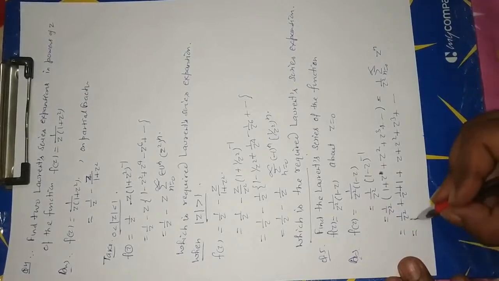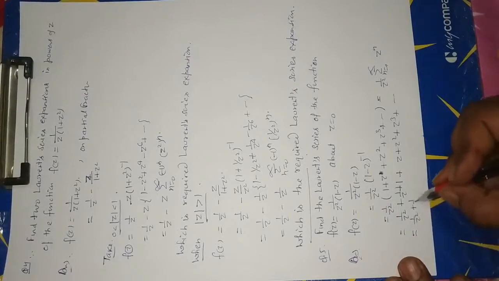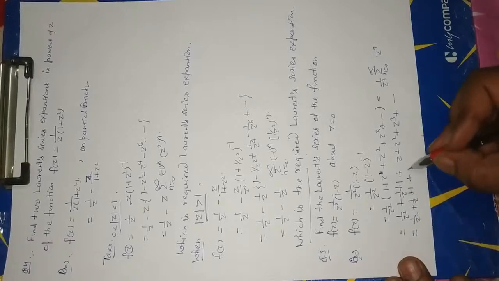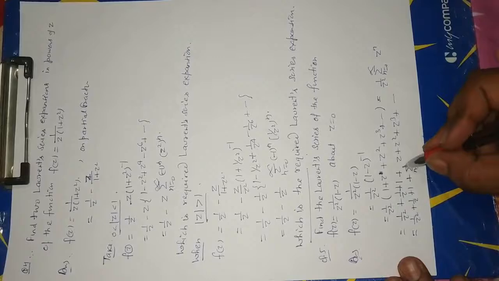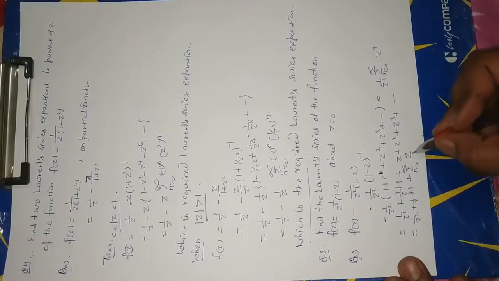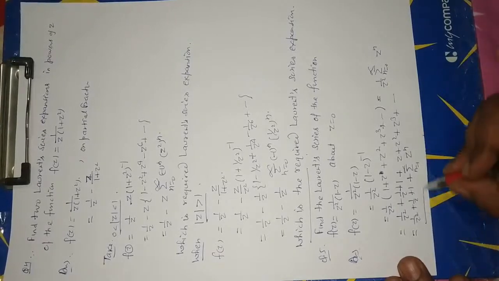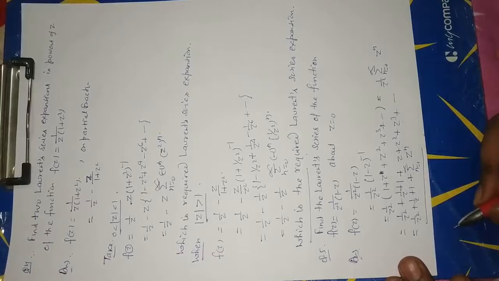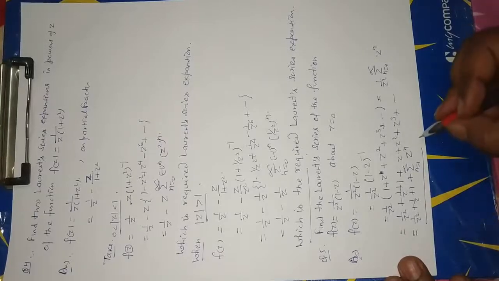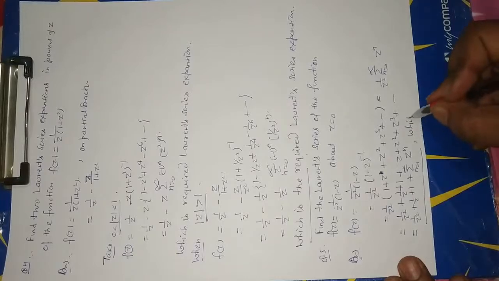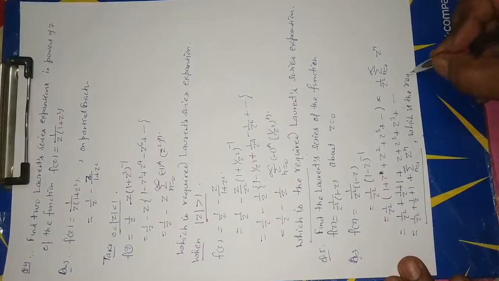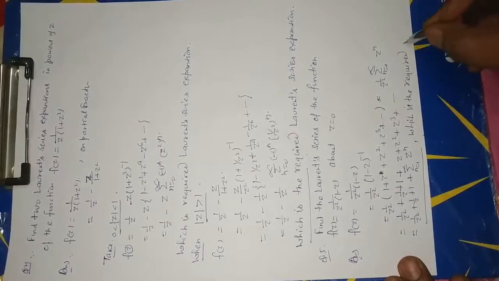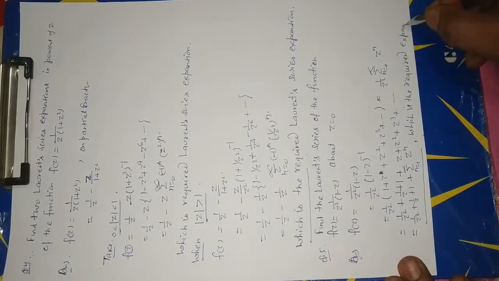This is equal to 1 upon z square plus 1 upon z plus 1 plus summation n is equal to 1 to infinity z to the power n. Okay, which is the required expansion.